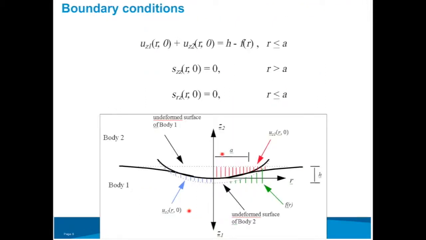So here we have the same schematic as on the previous slide, and you can see that first boundary condition expressed right here. The deformation in body 1 at the surface plus the deformation in body 2 at the surface is equal to the total displacement minus the original separation distance.